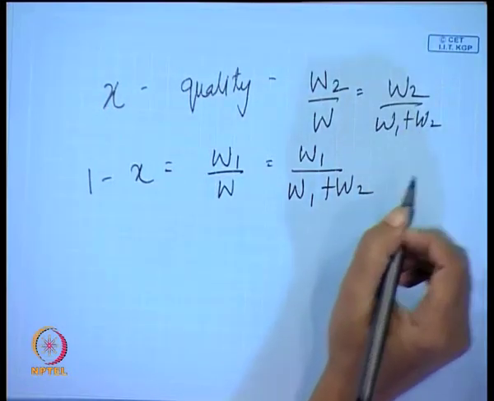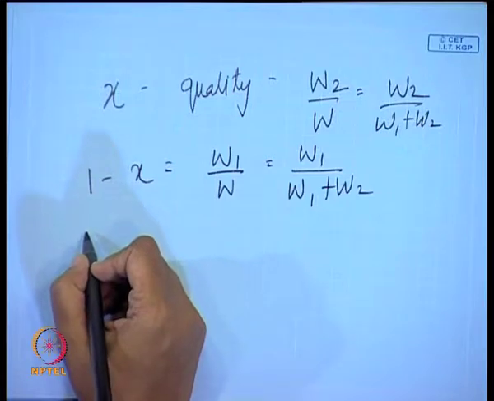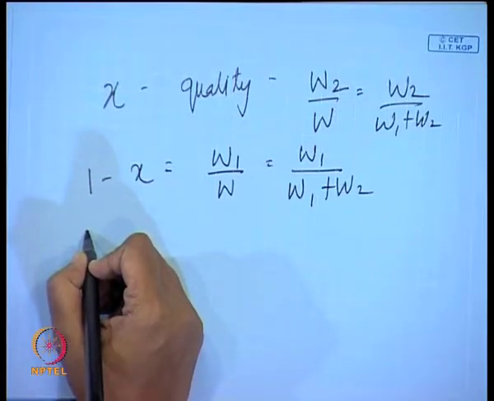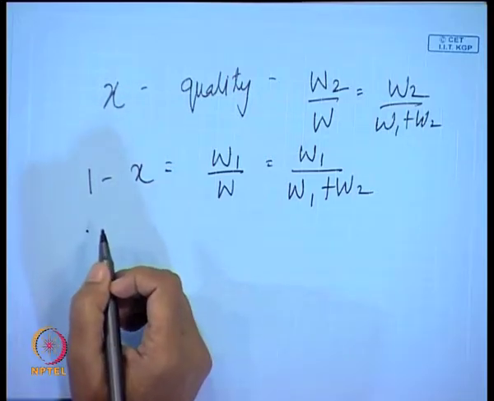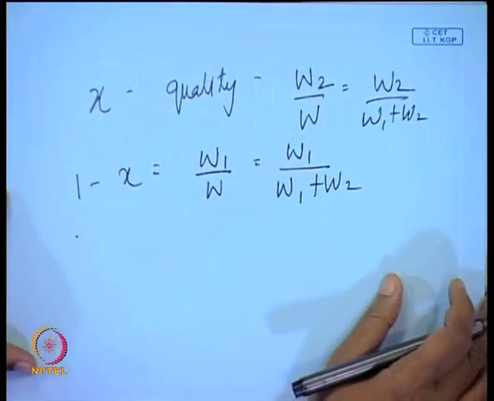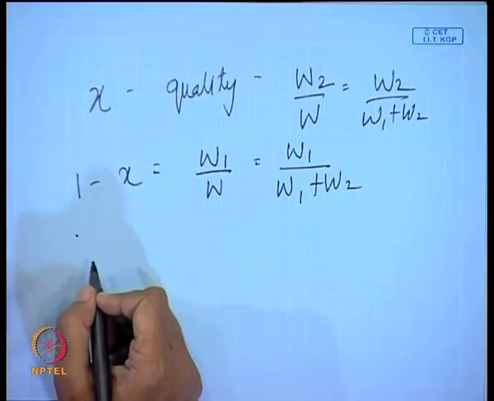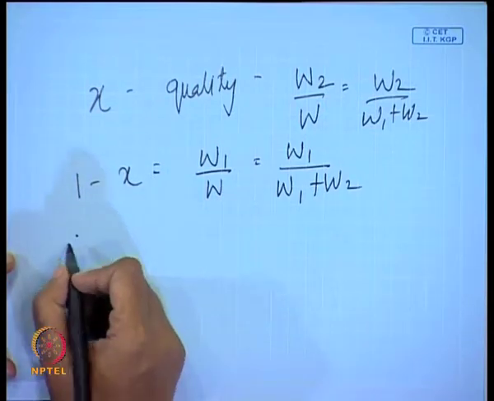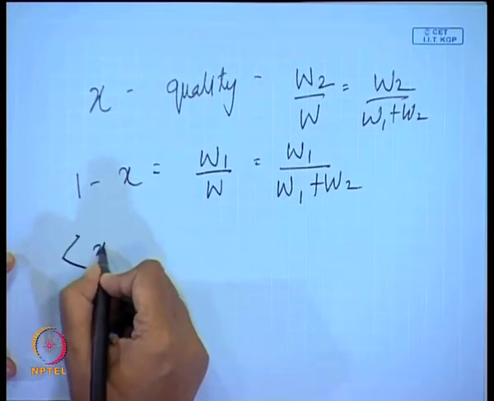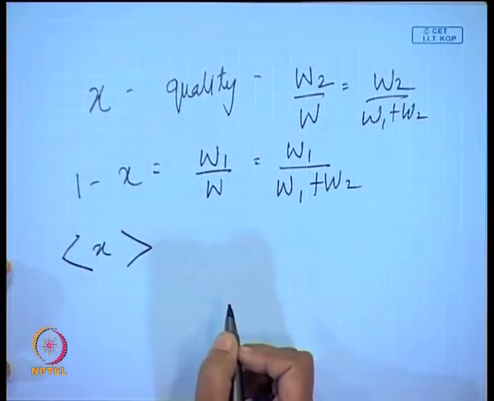So, we can also write certain other equations, and in the same way, just as I have told you for the void fraction, in this particular case also remember that there can be temporal variations, there can be variations across the flow. So, when we are talking about quality, usually we refer to the averaged values.